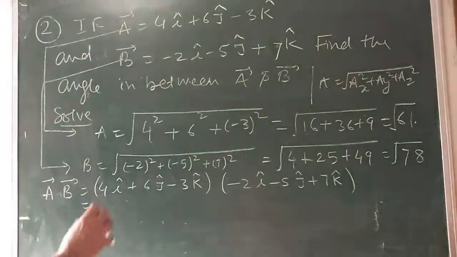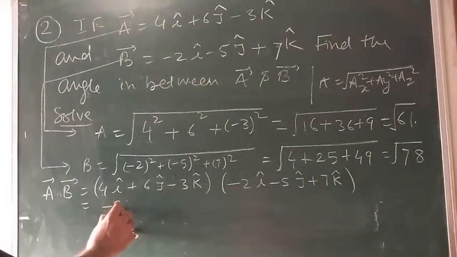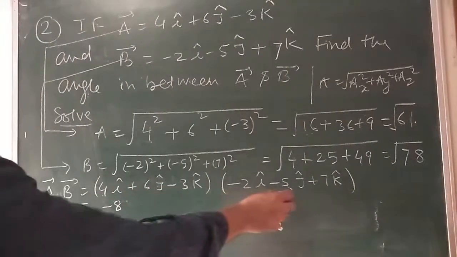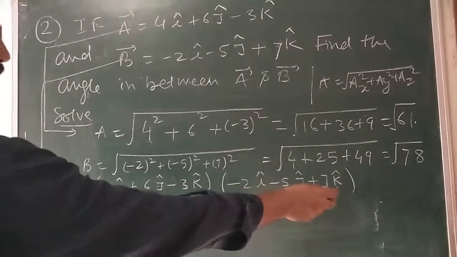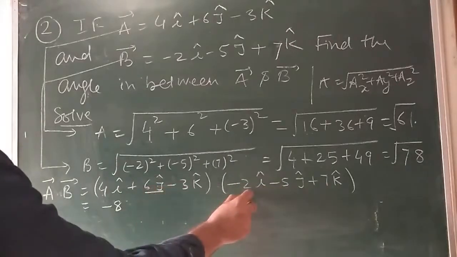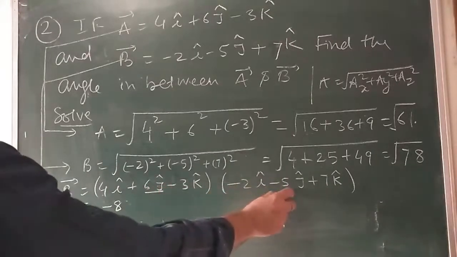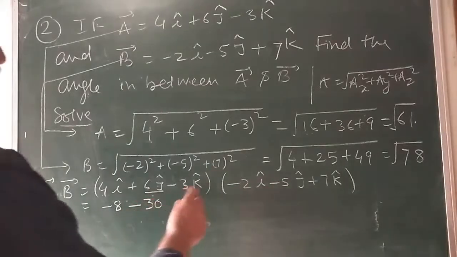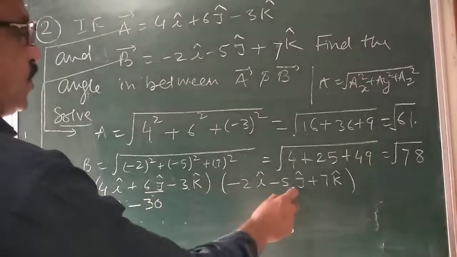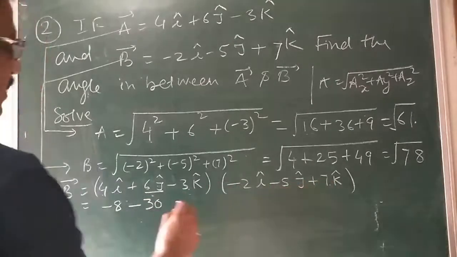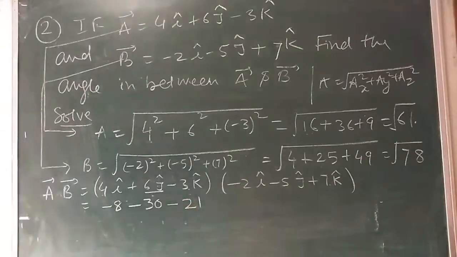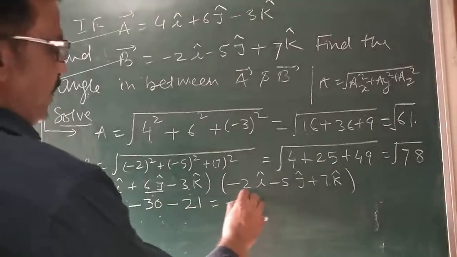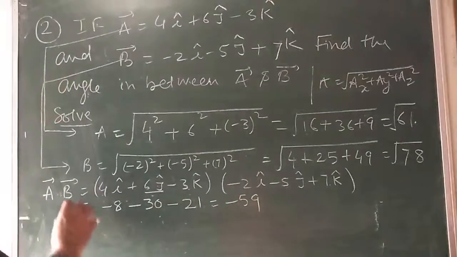Other multiplication is 0. 4 into minus 2, minus 8. 4 into minus 5, 0. This to this, again 0. Here, 6J into 2I, 0. 6J into minus 5J, 6 5s are 30, minus 30. Minus 3 and minus 2, 0. Minus 3 and minus 5, 0. Minus 3 and 7, that is 21. So you can see here 8, 30 and 21, minus 59. This is A dot B.